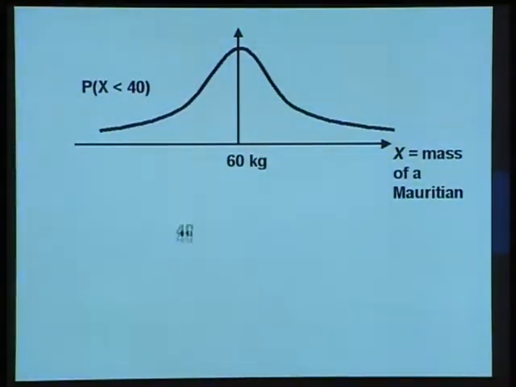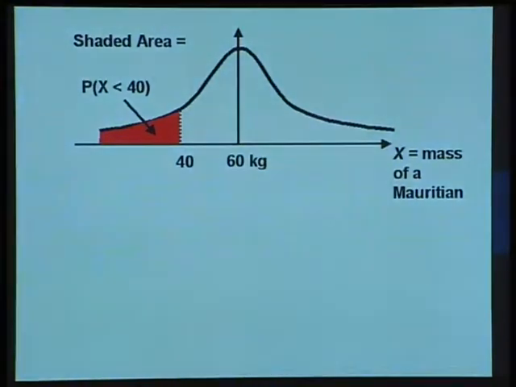We start by locating the 40 kilogram on the horizontal axis, drawing the vertical line joining 40 kilogram on the horizontal axis to the normal curve, and then shading the area. This shaded area represents the probability that the mass of a Mauritian chosen at random will be less than 40 kilogram.